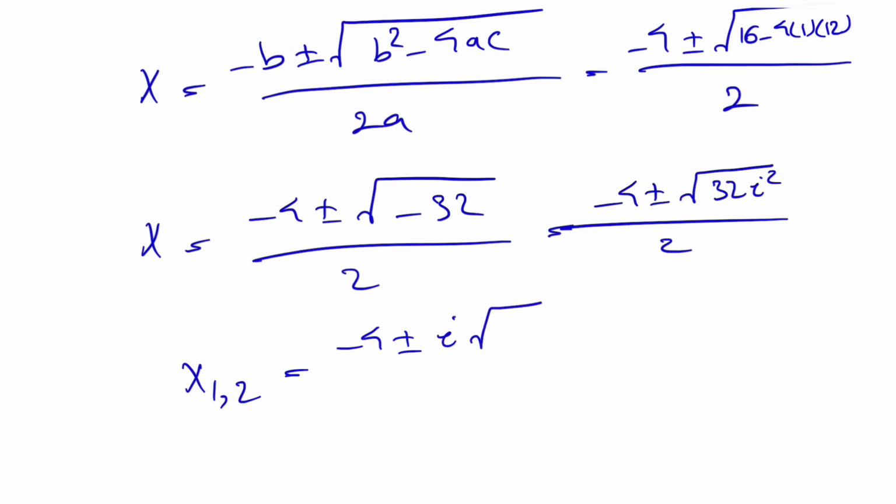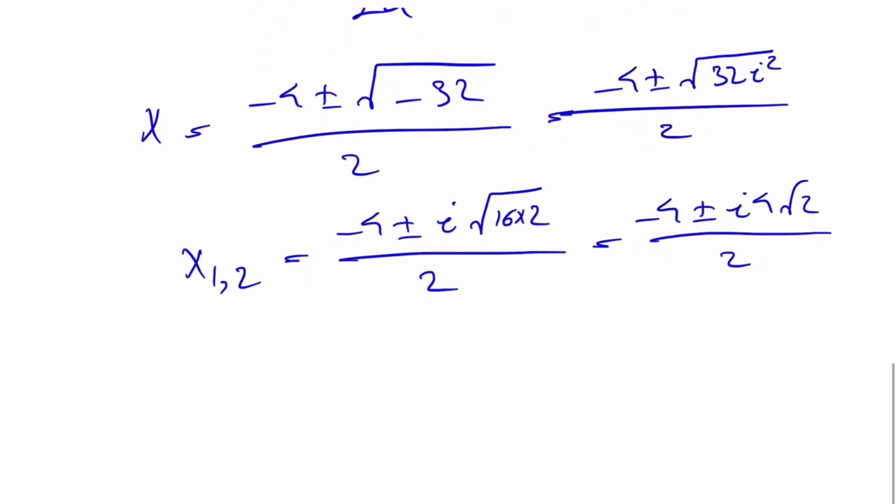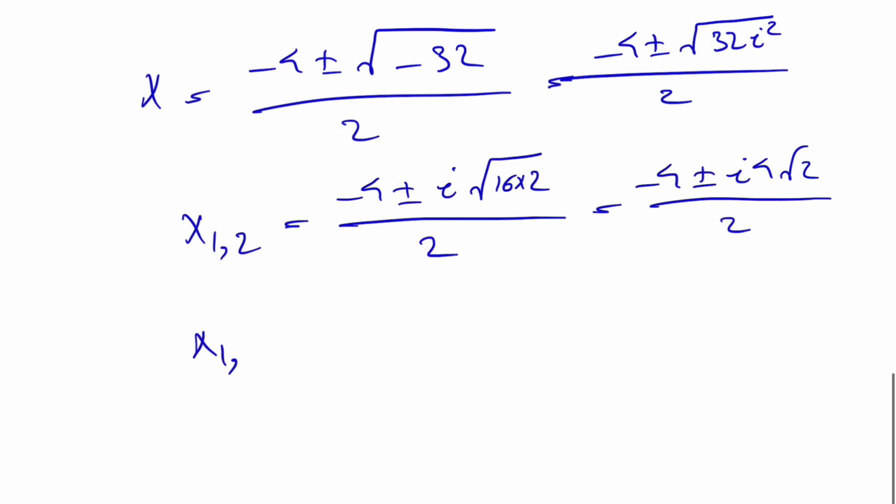And for 32, we can do 16 times 2, divided by 2. We can take out the 16 as a square root, leaving the square root of 2, divided by 2. So in here, our x will be minus 2 plus or minus 2i square root of 2.